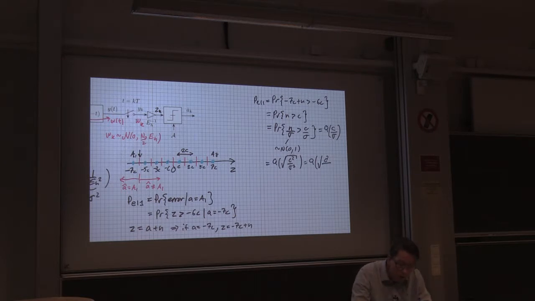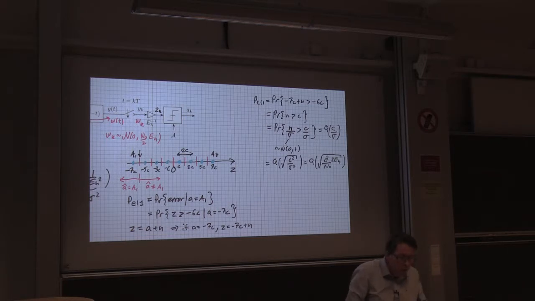So here we have N naught and then 2Eb here. And what we will see momentarily is that we can relate C squared here to the average energy per symbol. We'll see that shortly.